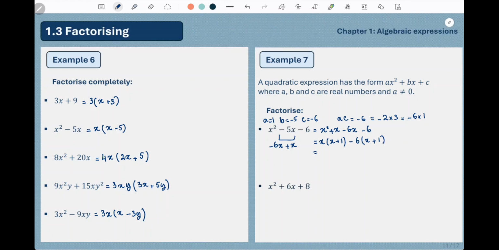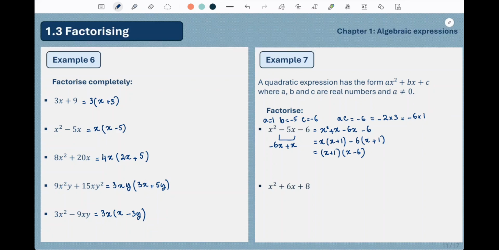The reason why we've done that initial reasoning here is to come to this stage and find a common factor, which is a full expression here, which is x plus 1. So my common factor between these two is x plus 1. Okay, and then I'm left with x here minus 6. And that sums up the working out for this question.